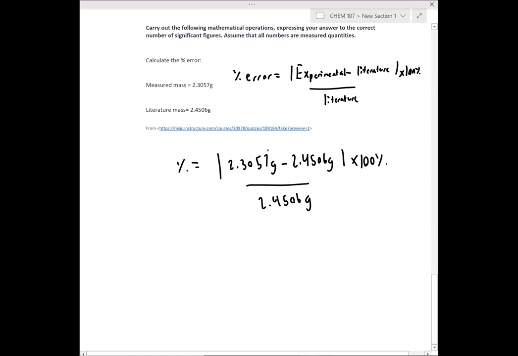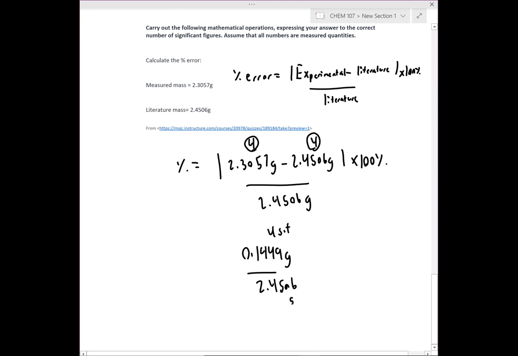Looking at our first operation, which is subtraction, we see both of our numbers have 4 decimal places. So our answer should have 4 decimal places. So 2.4506 minus 2.3057, we get 0.1449 grams on top. We divide by 2.4506.